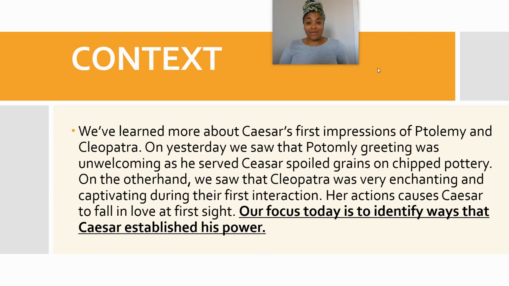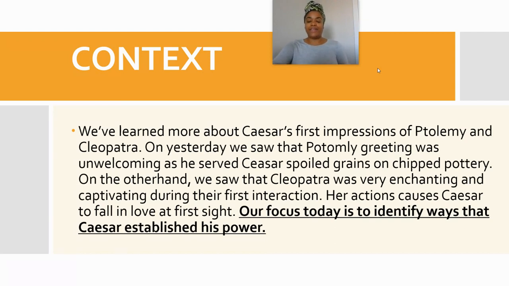On the other hand, we saw that Cleopatra was very enchanting and captivating during her first interaction. Did you guys see how I used those vocabulary terms? That's what I want you to start doing in your independent practice. Her actions cause Caesar to fall in love at first sight. Our focus today is to identify ways that Caesar established his power. Again, our focus today is to identify ways that Caesar established his power.